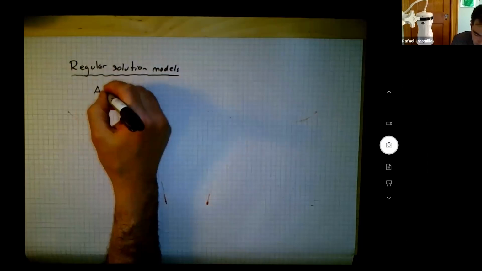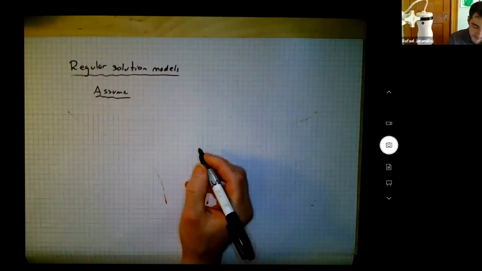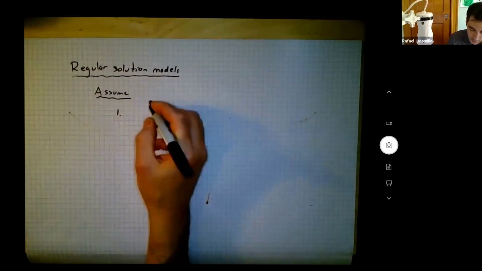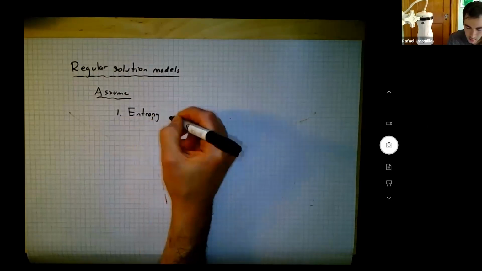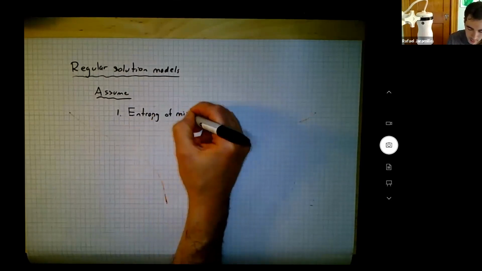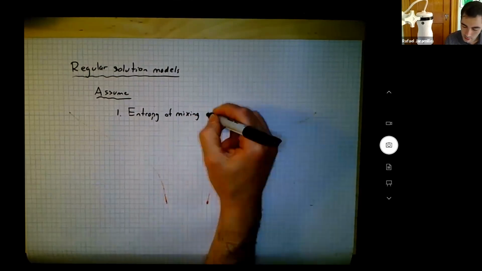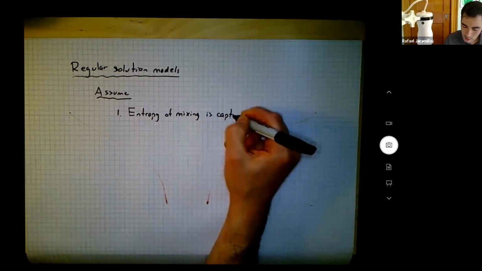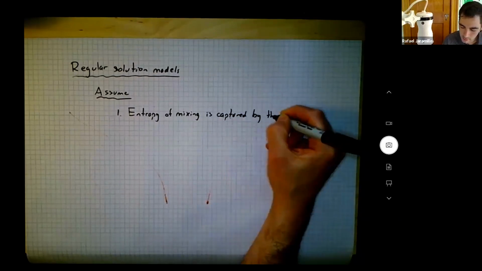We also start with some physical assumptions, and then we develop the implications of that. 1, the entropy of mixing is captured by the ideal model.